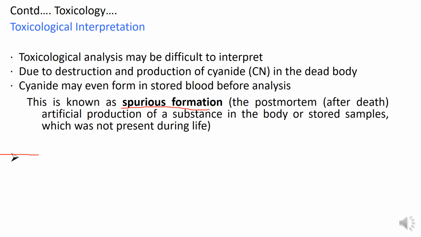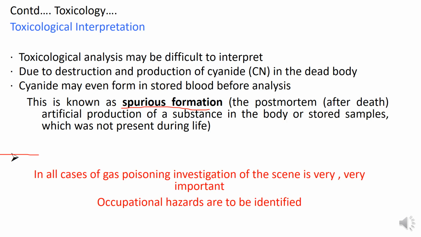You have to add certain chemicals to prevent the artificial formation of cyanide, and also you have to preserve the sample properly, ideally in a refrigerator. So you have to interpret cyanide poisoning very carefully, right?